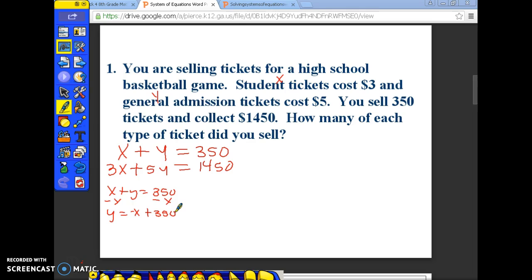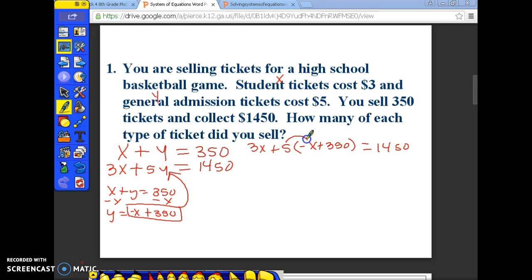Since I'm using substitution, I'm going to take the value of Y and plug that in for Y in the other equation. 3X plus 5Y, where Y is negative X plus 350, equals 1,450. At this point in the game, we know how to solve using substitution.